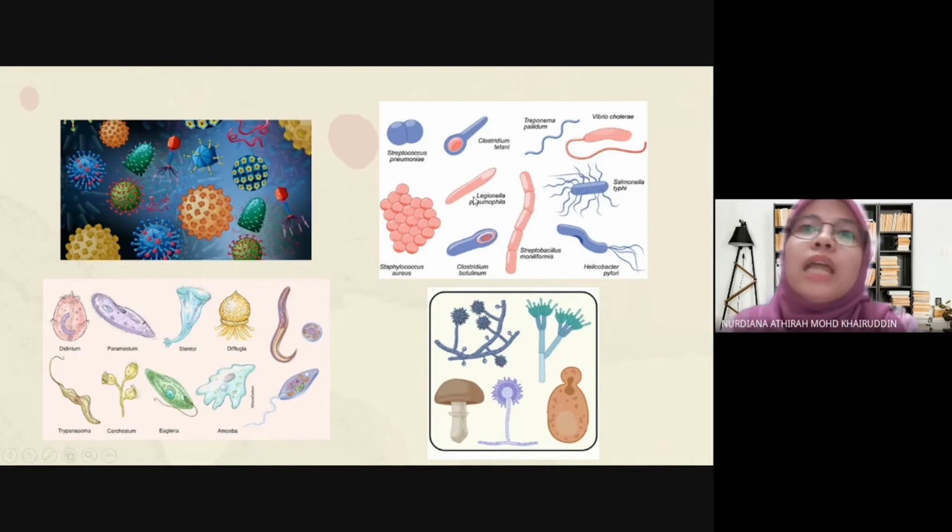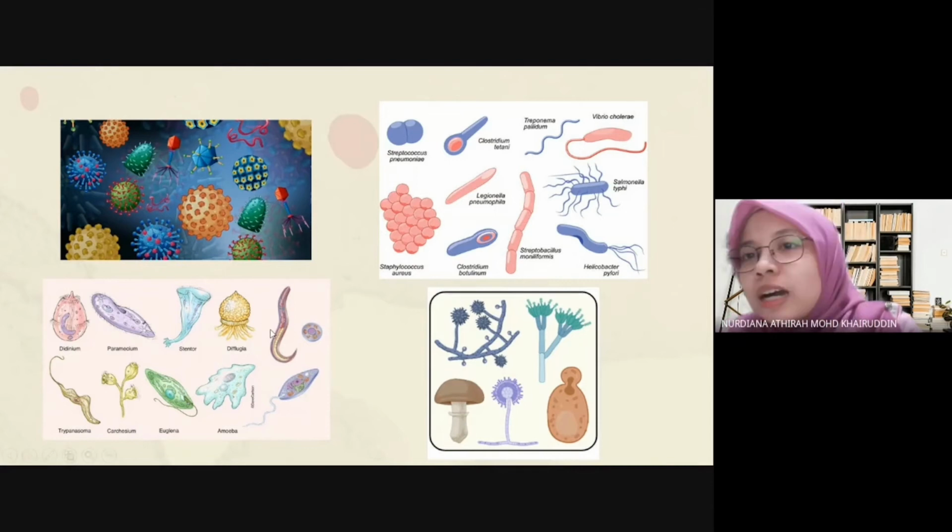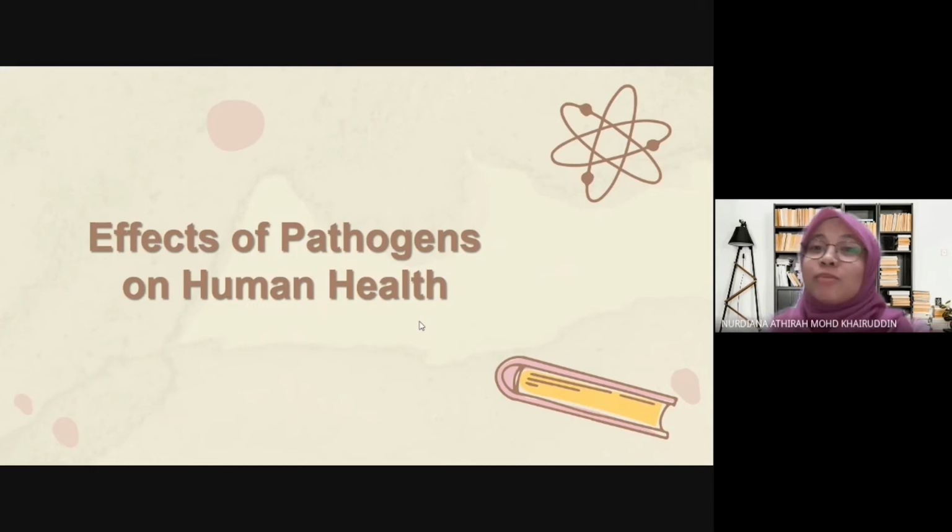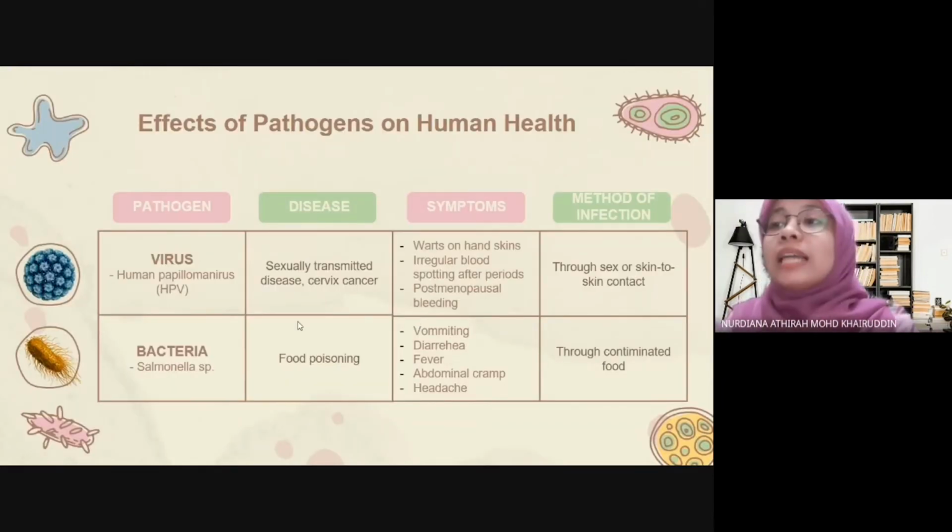And then this is the bacteria. And this is protozoa. And then the last one is fungi. So now let's move on to the effects of pathogens on humans' health. As we all know just now, pathogen have four types: virus, bacteria, protozoa, and also fungi. We will go one by one.